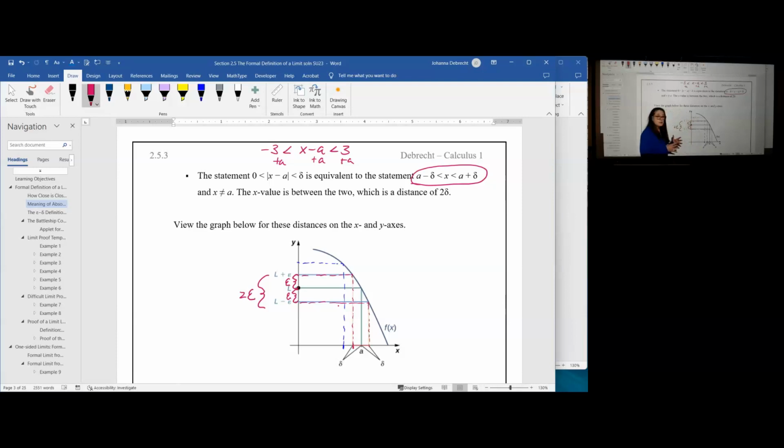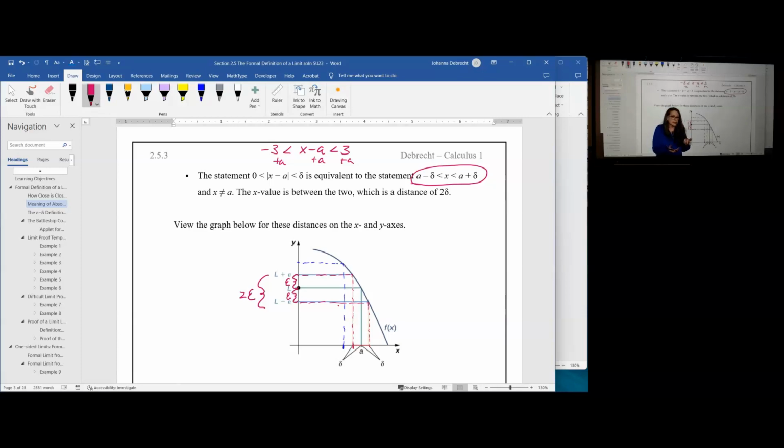Now, sometimes, because of the function shape, the distance between these is not the same. In fact, that's the norm, that the distance on the left side and the distance on the right side of A may not be the same. What do we do? We take the smaller one and let that be delta.